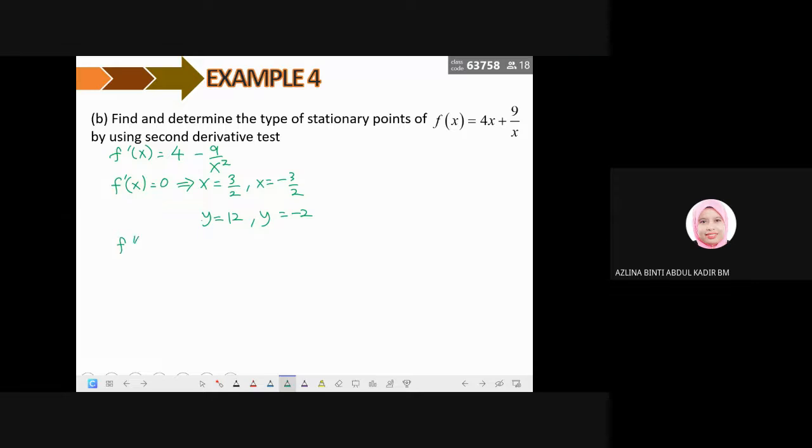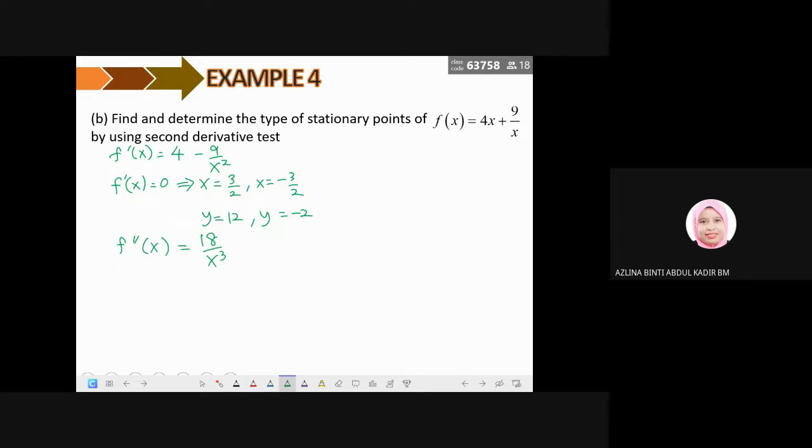Next, second derivative. F double prime x is equals to, f double prime, differentiate 4, we get 0. Okay, x squared in denominator, buat ni atas. So awak akan dapat 18 over x cube for f double prime.